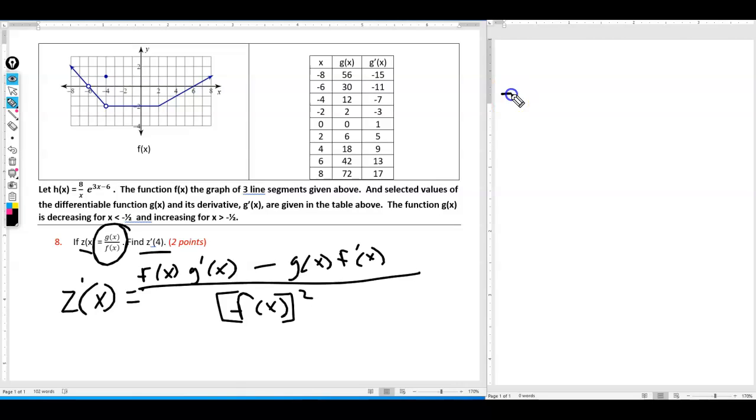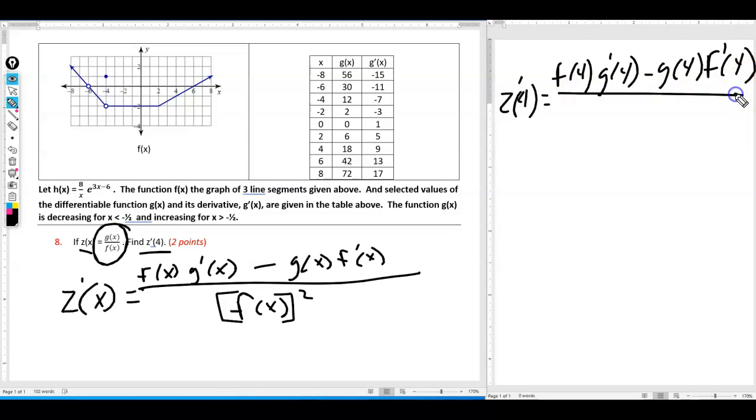So z prime of 4 is going to be f of 4 times g prime of 4 minus g of 4 times f prime of 4, all over f of 4 squared.